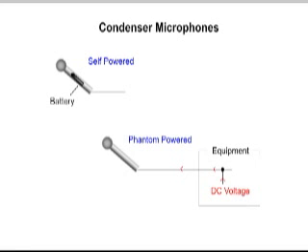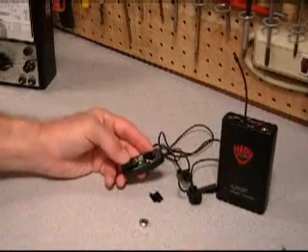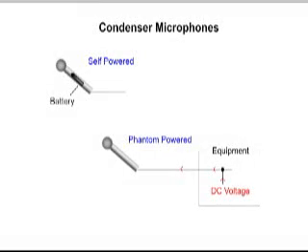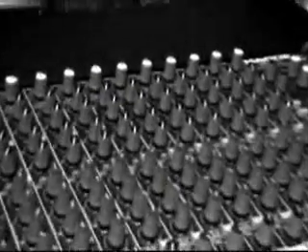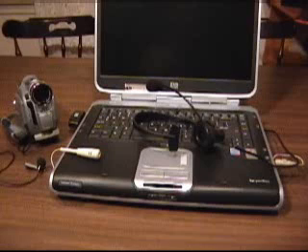The two types of power usually available are self-power using an internal battery or external phantom power that is supplied by the device the microphone is connected to. Some devices, like this professional mixer, have a switch to control phantom power. We want to focus on consumer equipment like computers and camcorders that use unbalanced cables.